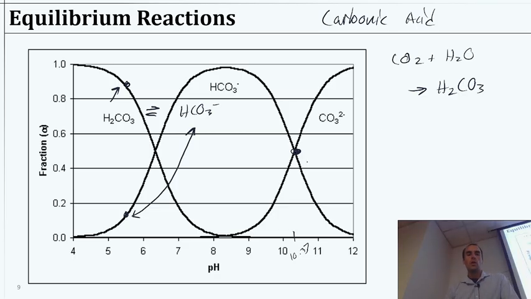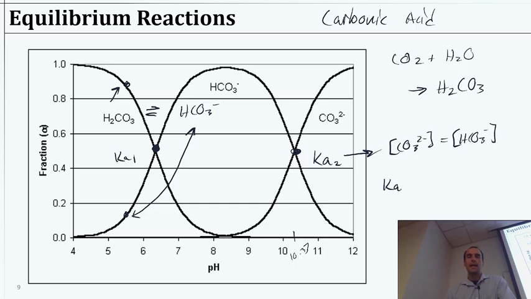So our Ka, in this case I'm going to say 2 because this one would be Ka1, would describe the moment where CO3 2- as a concentration is equal to HCO3-. In other words, we can write this as the equilibrium reaction.